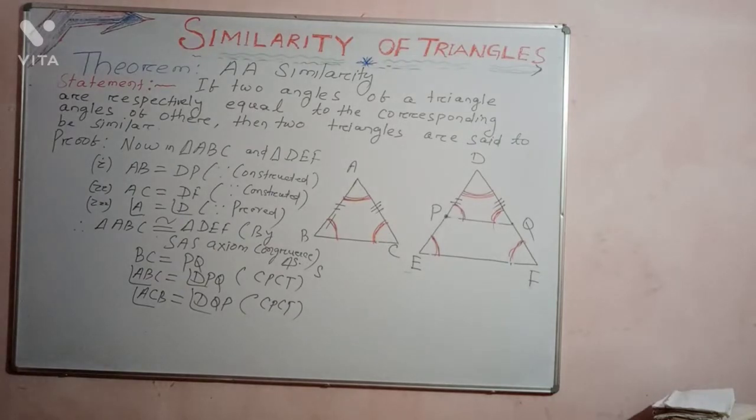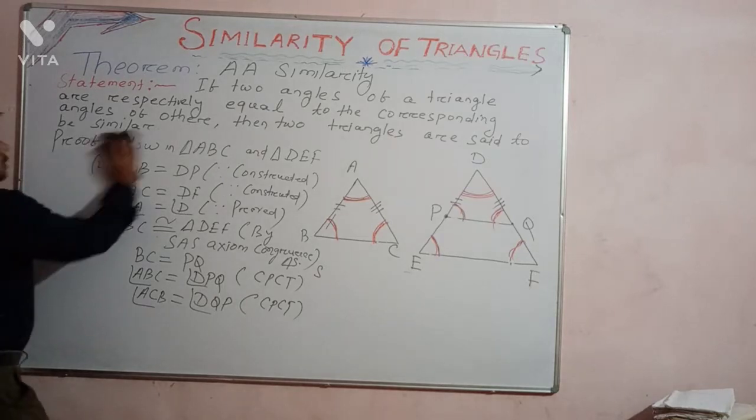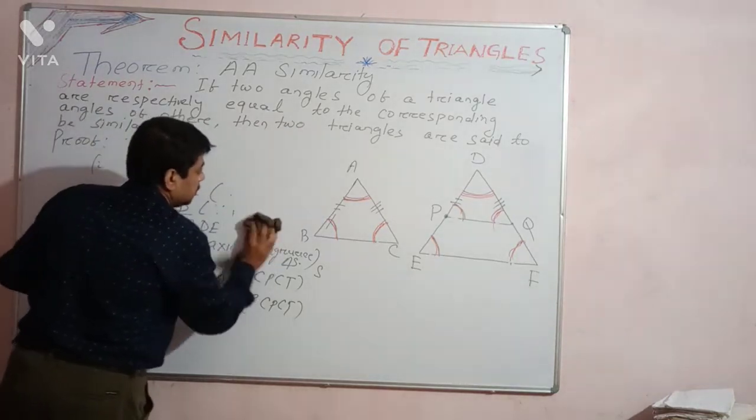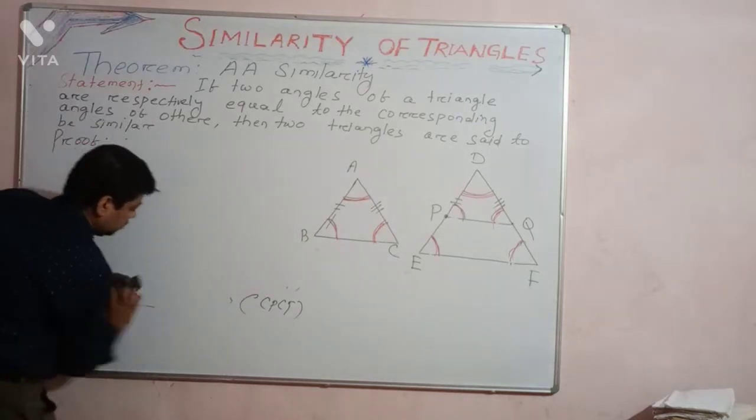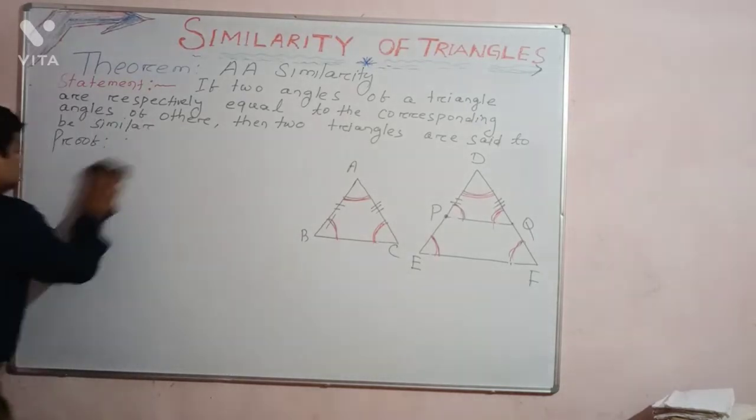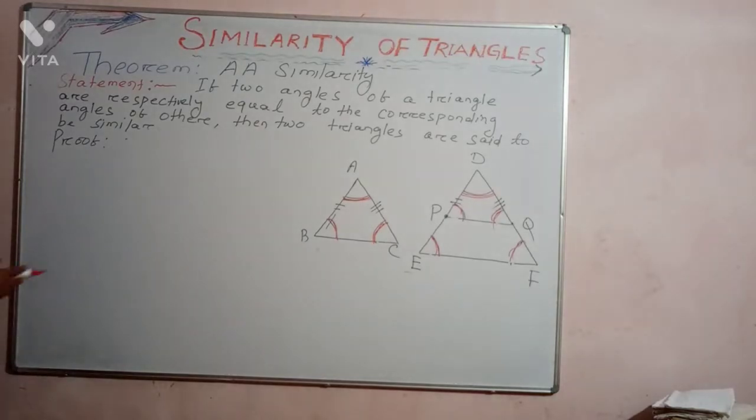Understand? Now let us write down this concept here. Look here. Now you see triangle ABC.